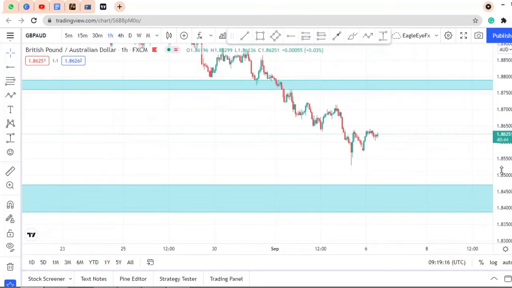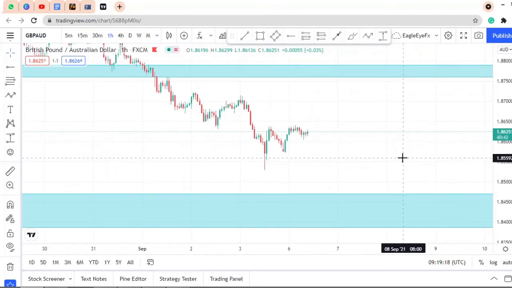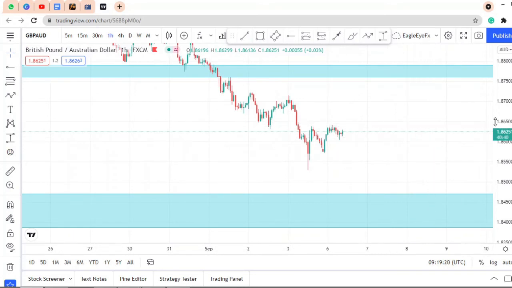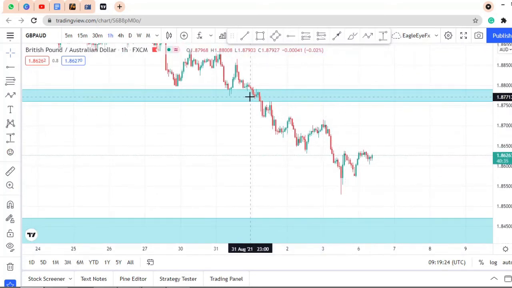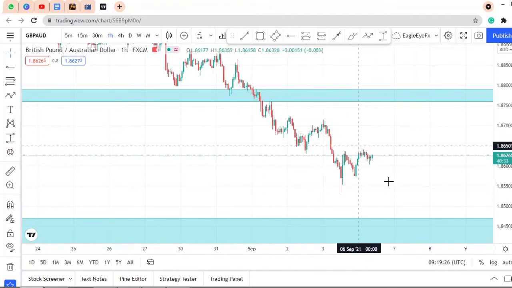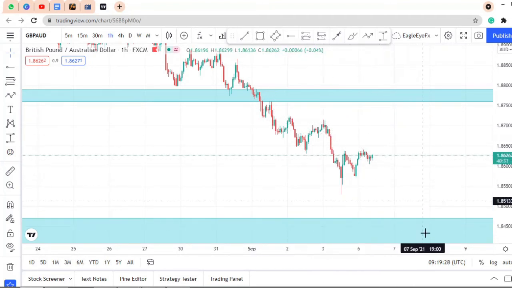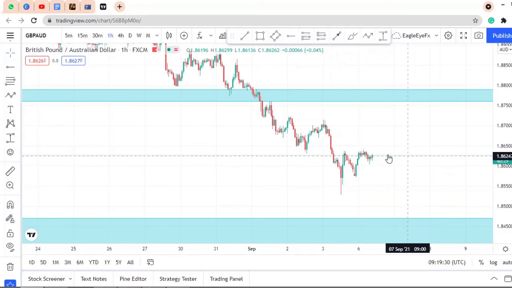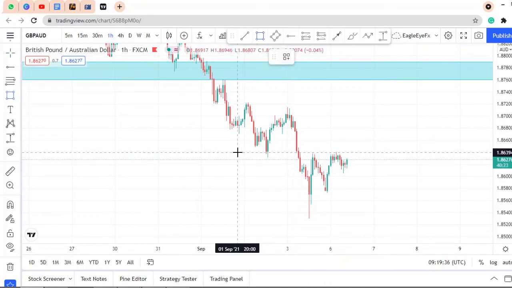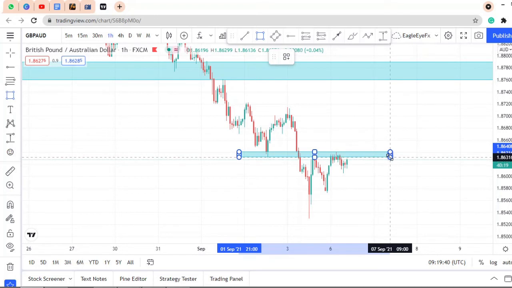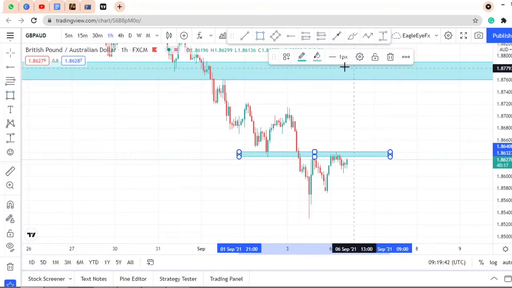If I go to the 1-hour time frame, you can see that this market is almost forming lower lows and lower highs. So we don't know if it's preparing to come and break this level here, but you can still come here and draw this because there's a small level here.